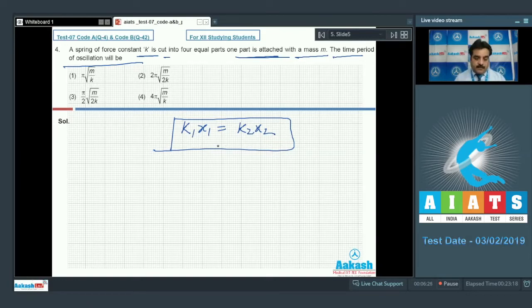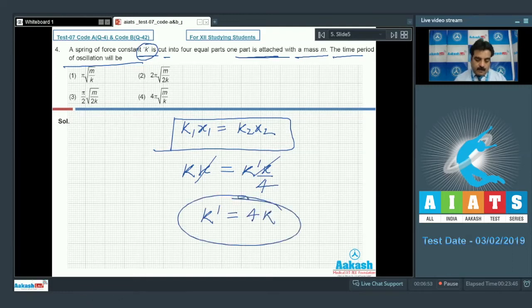In the given situation, I can write K X, K for spring constant and X the initial length. When you cut, the new spring constant I write as K dash and the final length will be X by 4. If I go for the situation of the question, X will cancel out. So I have K dash is equal to 4K. This is how you can calculate the value of K dash.